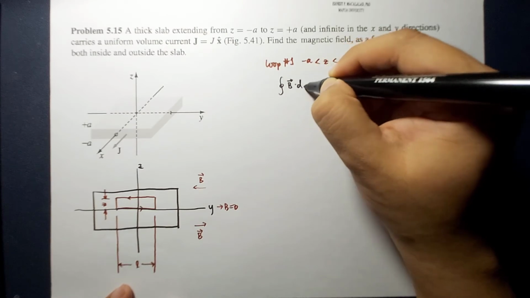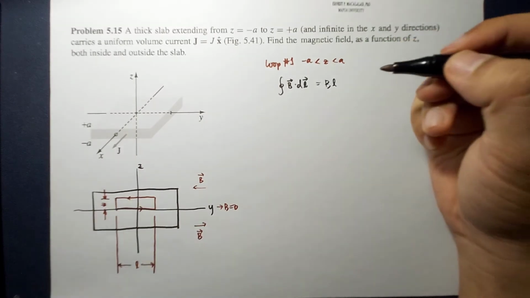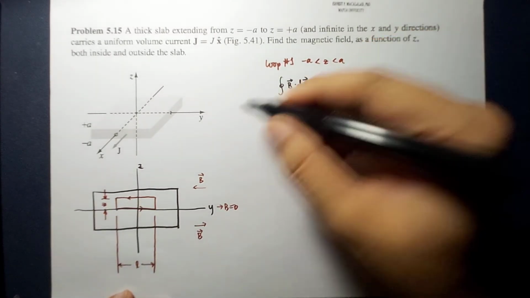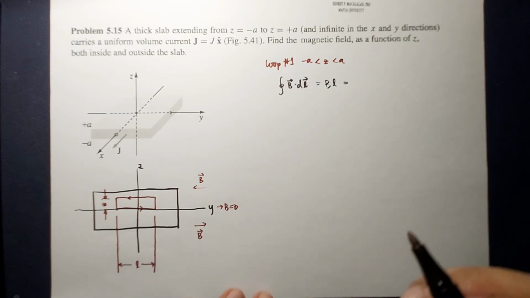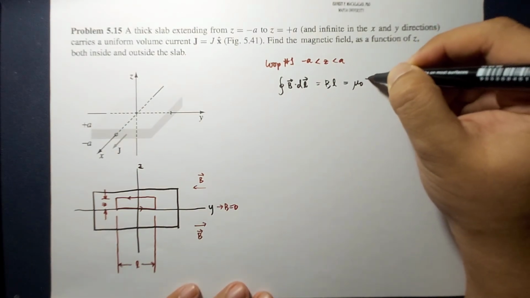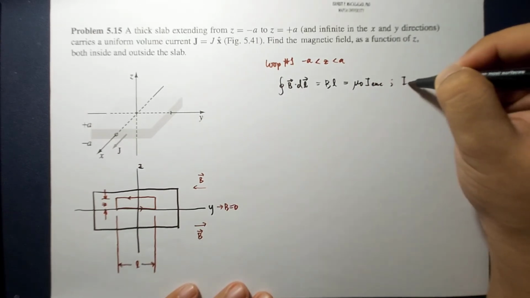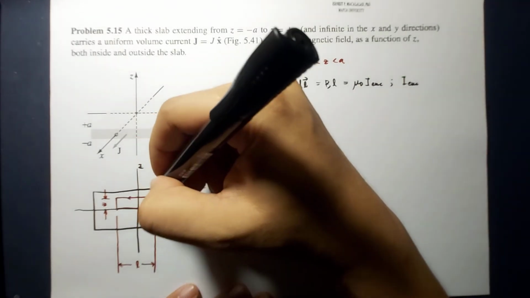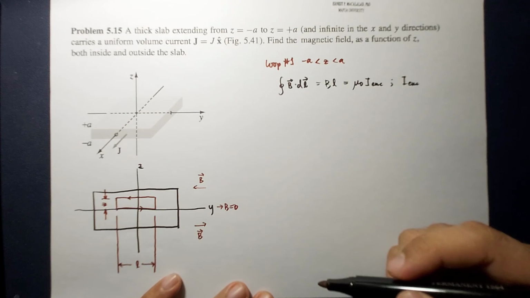Ampere's law: the closed integral of B dot dl is basically equal to BL, because our length here is this L, and this is equal to mu naught I enclosed. In this case, I enclosed would be the current times this area.